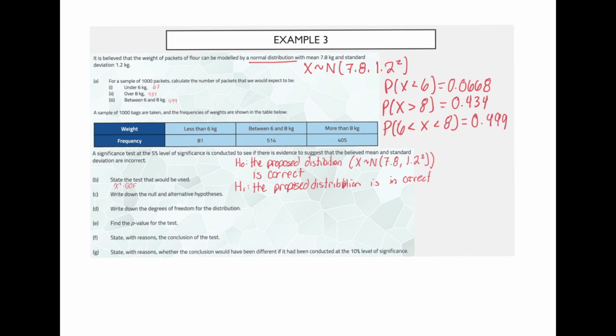Write down the degrees of freedom of this distribution. Well, we need to calculate that ourselves. We are dealing with a situation where there are 3 categories of separating these packets of flour. So 3 categories, 3 minus 1, we have 2 degrees of freedom. Now find the p-value. Now we need to go into our calculator and run a chi-square goodness of fit test.